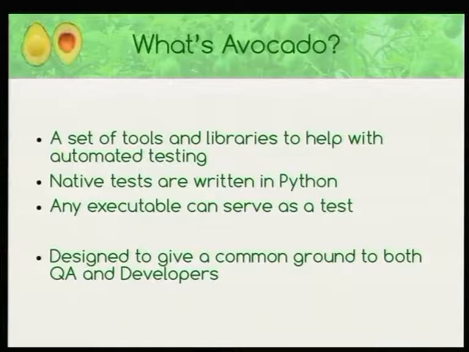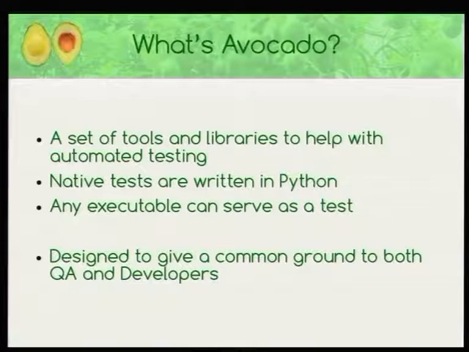The testing framework that we will mention here is called Avocado. Do you guys know Avocado testing framework already? Yeah, some of you, that's nice, more or less. What's Avocado? Avocado is a set of tools and libraries, and the goal is to help with automated testing. Native tests are written in Python.